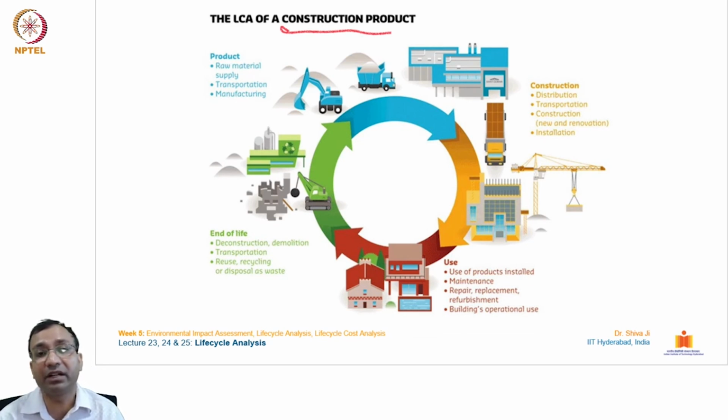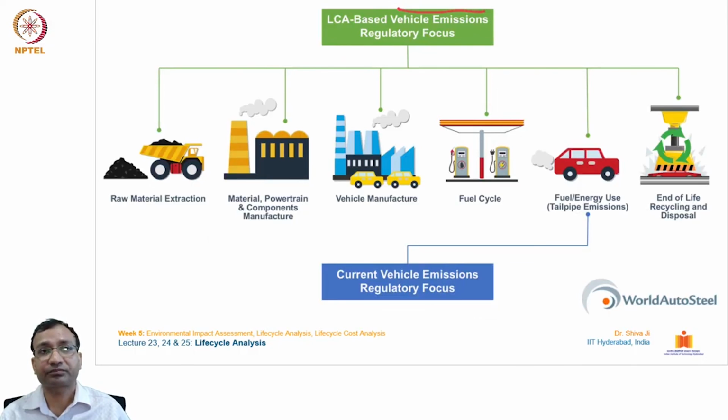Then in the usage period, the use of the products installed, maintenance, repair, replacement, refurbishment. These are finer activities which take place during the lifetime of a building. And at the end of life, it goes for demolition, reusing, recycling, disposal as waste material. So this is how it comes to an end.